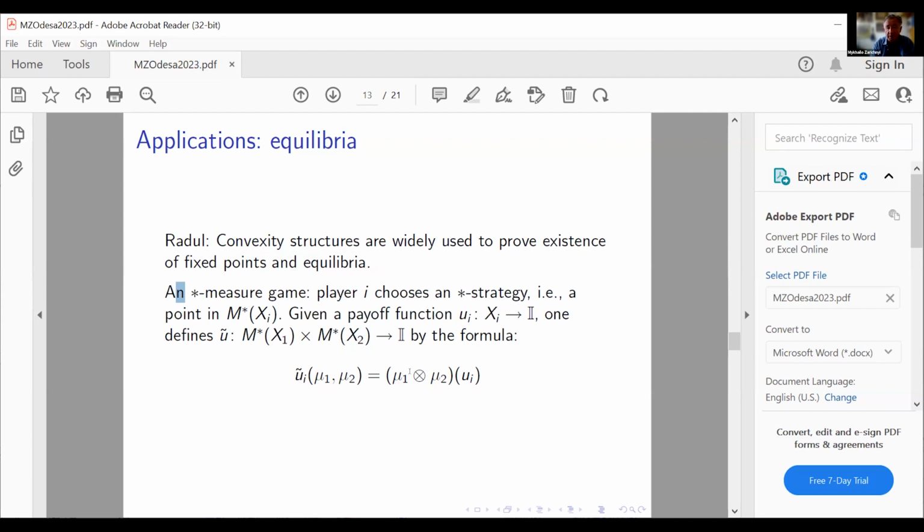And this operation of tensor product, its definition is similar to the tensor product of probability measures. I don't have time to define it. But I would like to say that these game theories are useful to model strategies which are not linear, because human behavior is not linear.